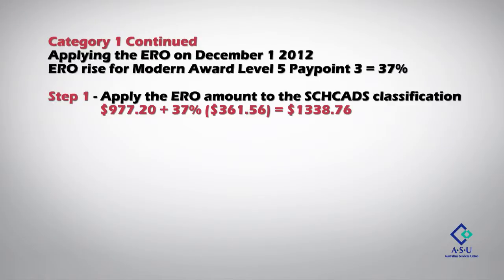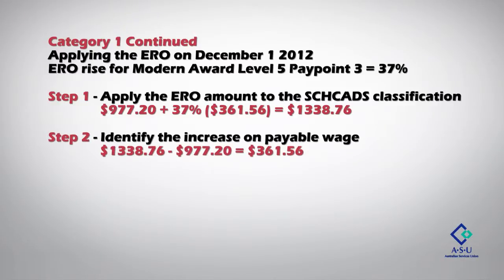Step 1 is to apply the ERO amount to the SCHCADS classification to find the total wage increase by 2020. 37% of $977.20 is $361.56. So when the ERO is fully applied in 2020, the person currently earning $977.20 will get $1,338.76.